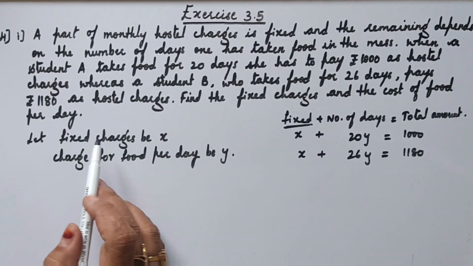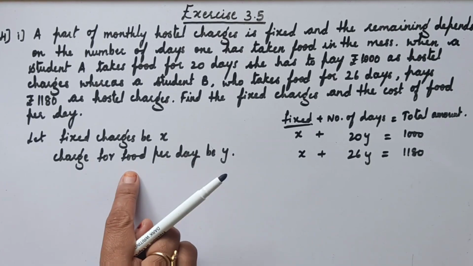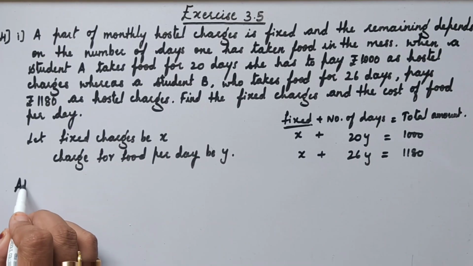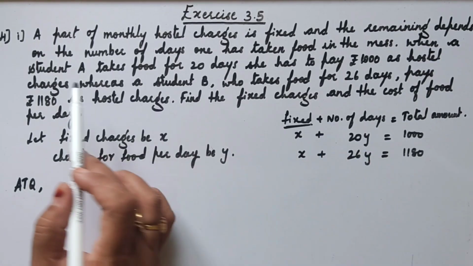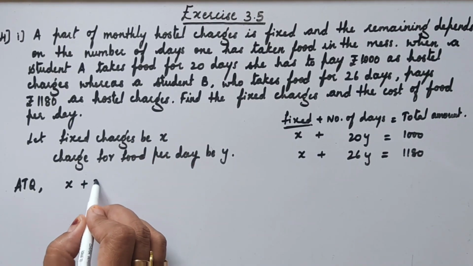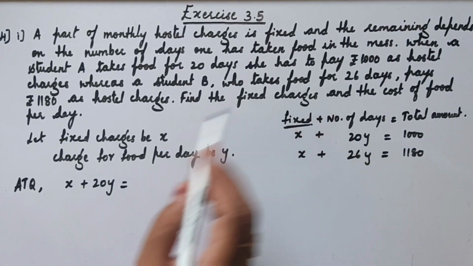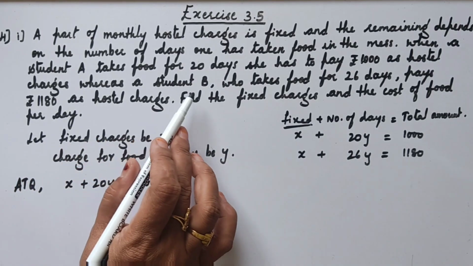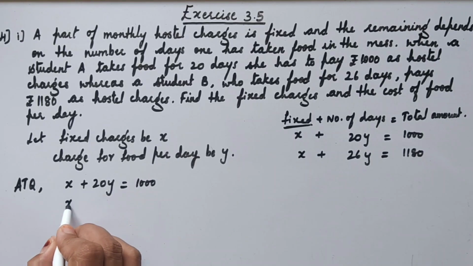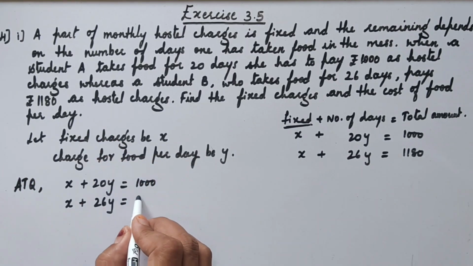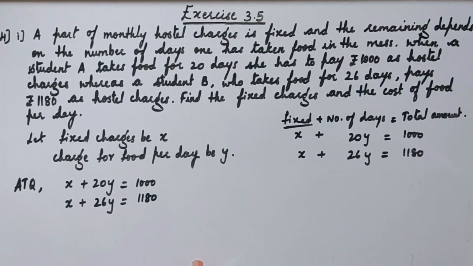Let the fixed charges be X and the charges for food per day be Y. Now according to the question, when student A takes food for 20 days, the cost will be 1000 rupees, whereas student B who takes food for 26 days pays 1180.